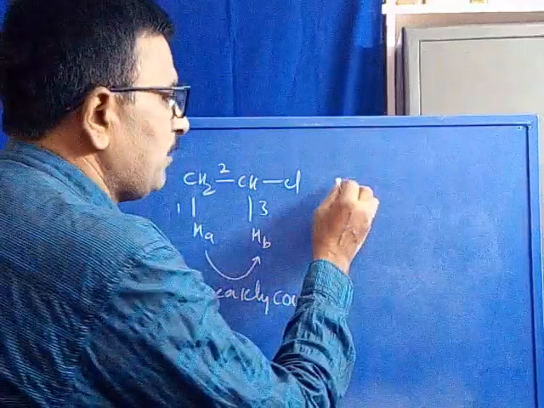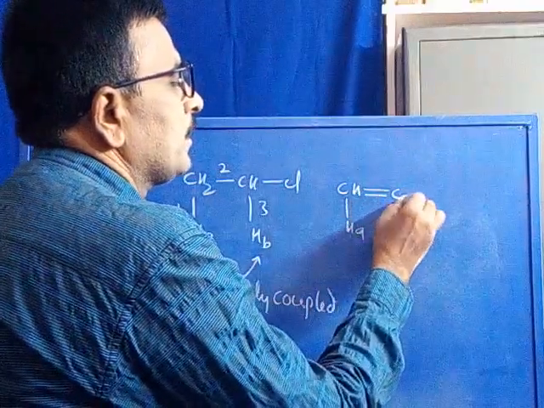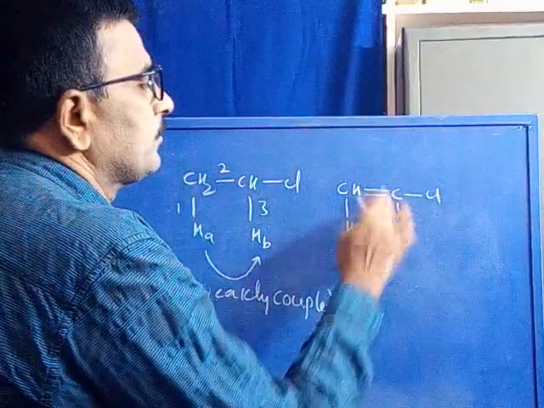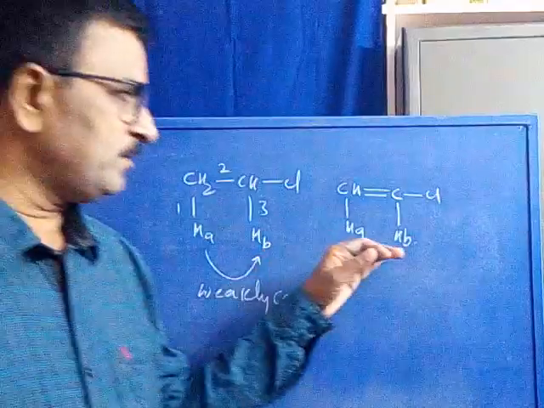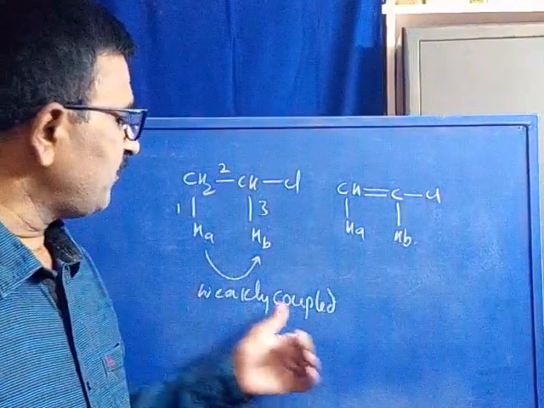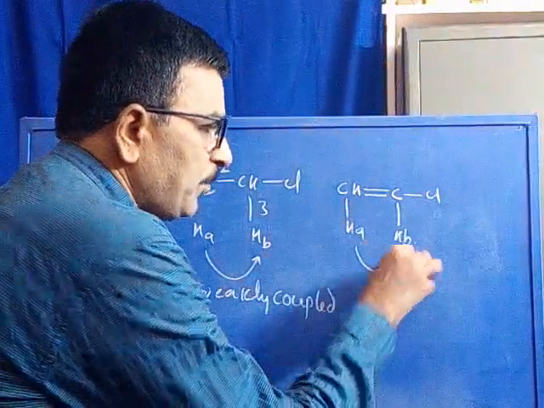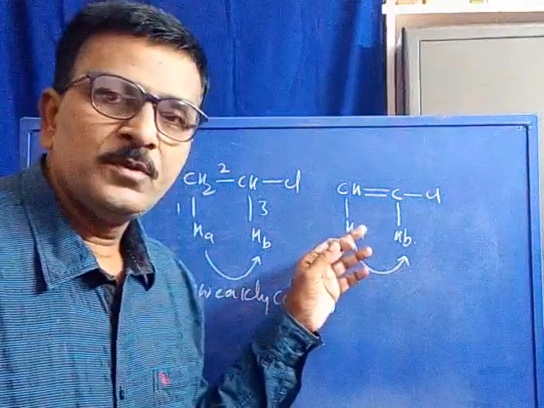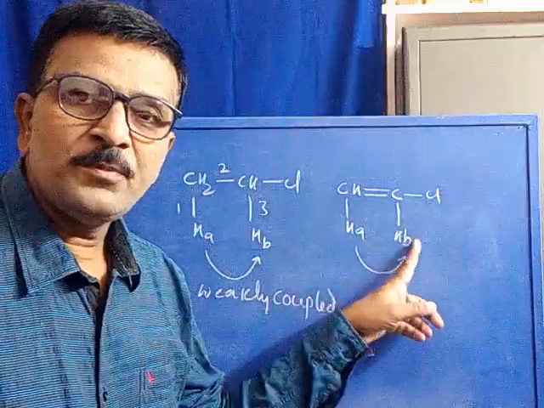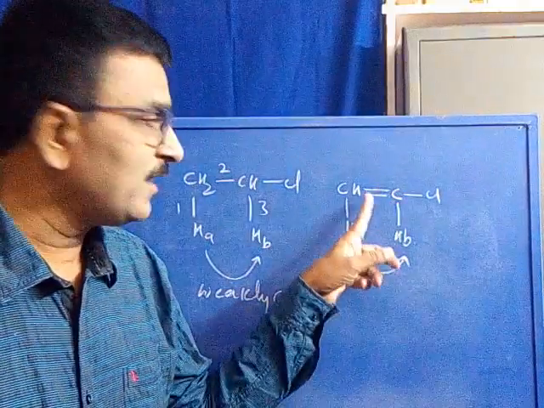Now, if we put one double bond, say CH hydrogen, Ha hydrogen, carbon, Hb hydrogen and Cl, this is vinyl chloride. Previously it was a weakly coupled system. When we keep one double bond, here also AB protons are coupled. Now let us find out: the nuclear spin from the A proton is transmitted to the B proton through pi electrons, where there is a double bond.